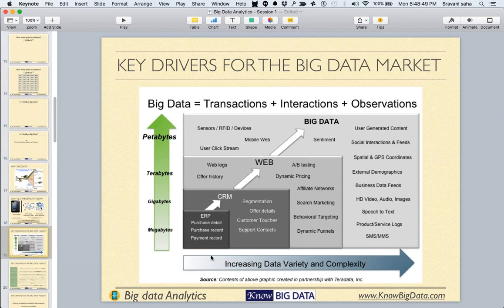For example, when the data was not that complex and was of a smaller size, ERPs started. As the data increased in size and complexity, we had CRMs. Then after some time, when things became more complex, there is the web, and inside the web there are many applications of complexity and size.